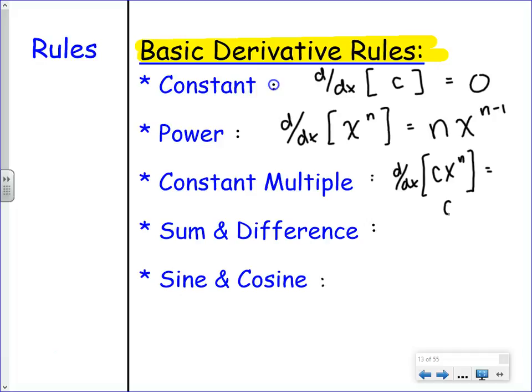So the c can just go ahead and remain in front. n, x to the n minus 1. And technically that could be true. That's just one example of the constant multiple rule.